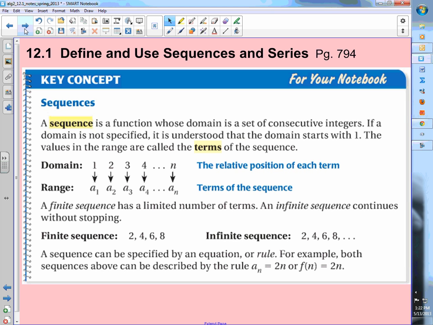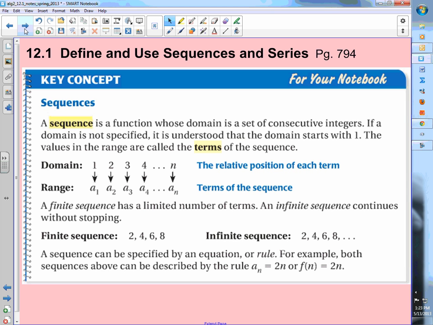There are two kinds of sequences. Finite sequences are sequences that have a last term, and infinite sequences do not have a last term. So if at the end of your sequence you see dot, dot, dot, and nothing after the dots, then it's infinite. If you see a last term with no comma, then it's finite.